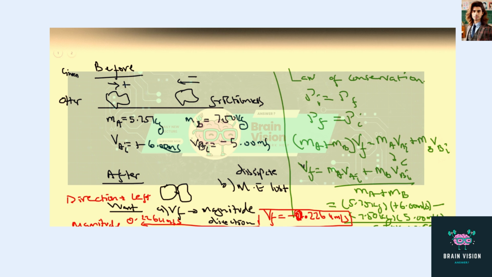The sign of the velocity doesn't make a difference because you're going to square it anyway. And then 1/2 times 5.75 kilograms plus 7.50 kilograms, and you put in the final velocity, negative 0.2264 meters per second, squared.